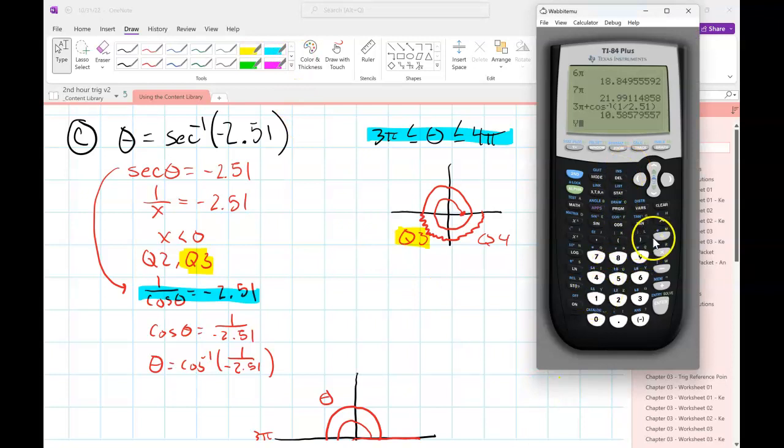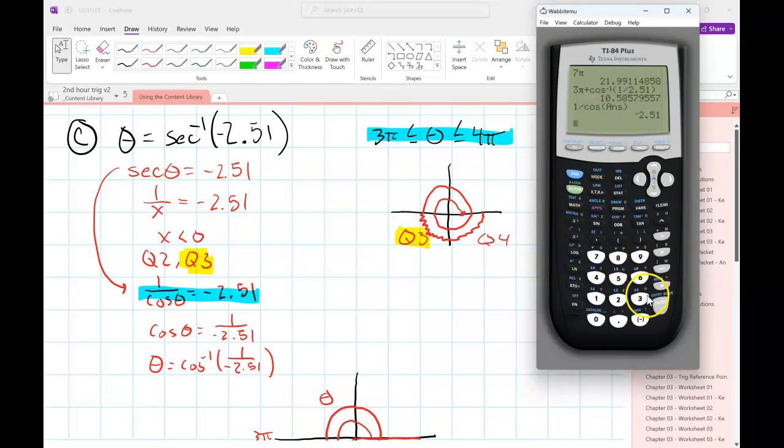We don't need to say how to type secant into our calculator. So 1 over cosine of our answer gives me negative 2.51, which is great.